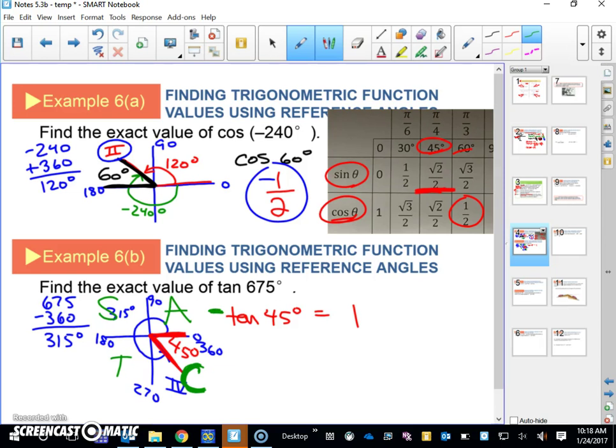So I should probably put a negative in front of that tangent 45. Tangent 675 equals negative tangent 45, or negative 1. And by the way, if you go back up to example 6a, I probably should have put a negative in front of that cosine 60, because cosine negative 240 doesn't equal cosine 60, it equals negative cosine 60, and that's negative 1 half.